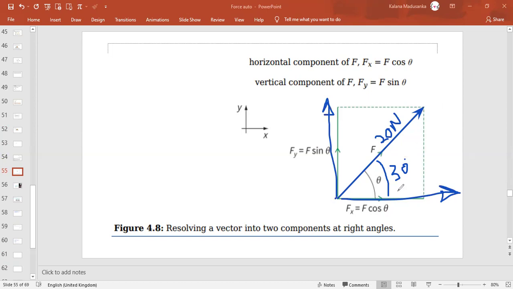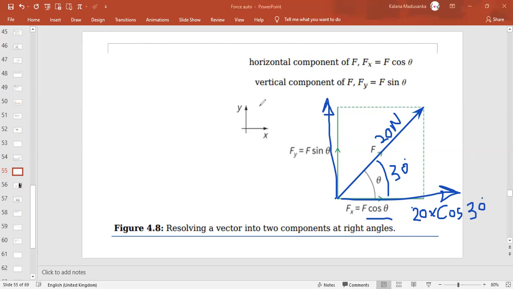For the angle side, if the angle is on one side, whatever that side is, you have to consider it as cos times the angle, which means the equation is force 20 multiplied by cos 30.